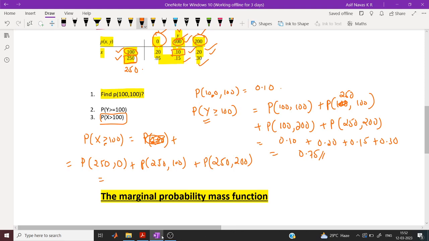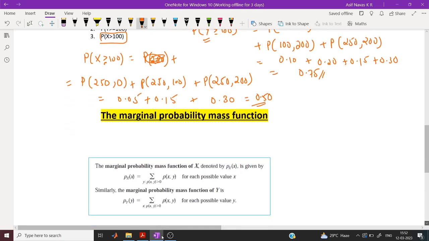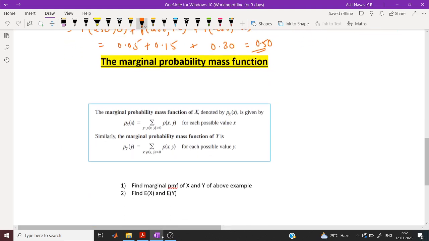That equals 0.05 plus 0.15 plus 0.30. So the answer is 0.50.